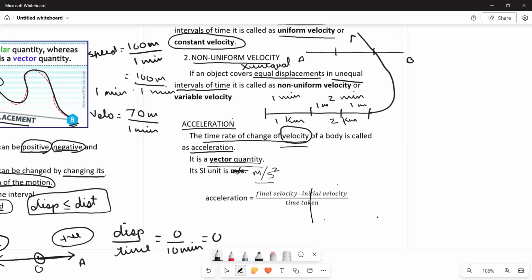And we have a formula to calculate acceleration as the change in velocity upon the total time taken. It is given as final velocity, that is v, minus our initial velocity, that is u, upon total time taken, that is t.